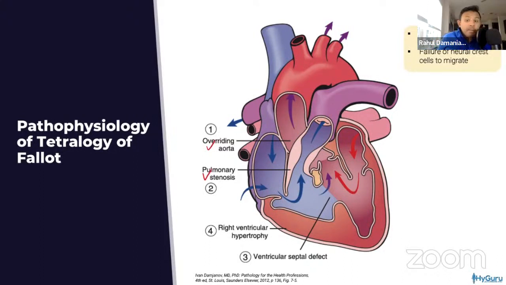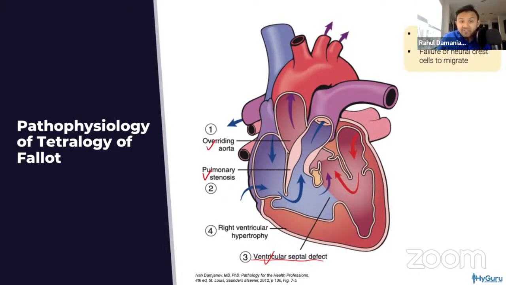And so patients can get pulmonic stenosis. Subsequently, patients are going to get an exposed ventricular septal defect because the aorta itself shifted to the right side. So behind, you will have a VSD that is exposed.